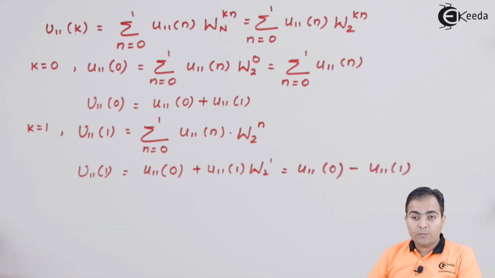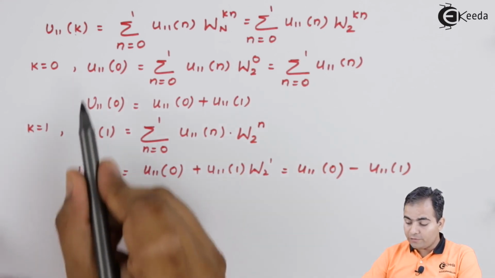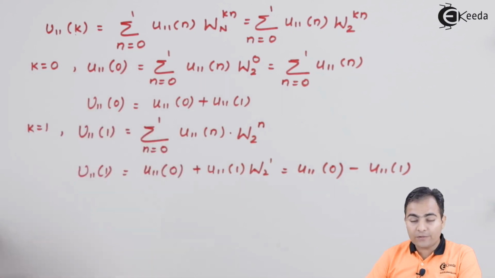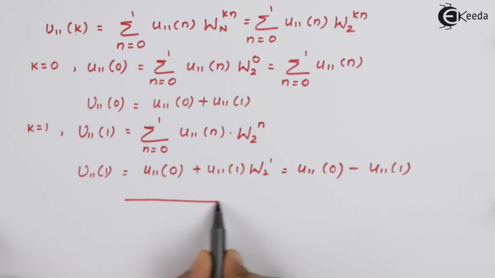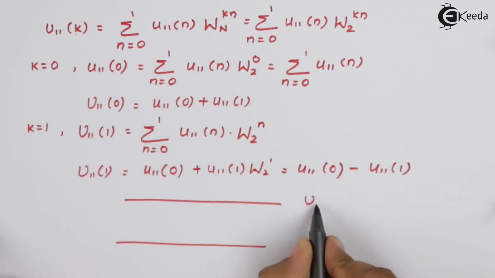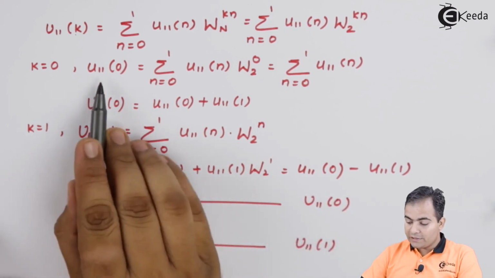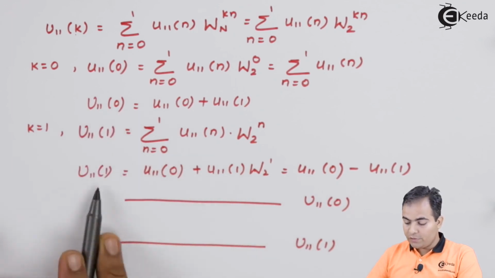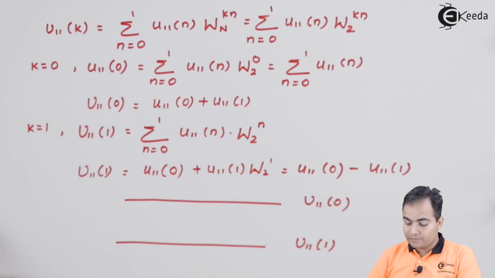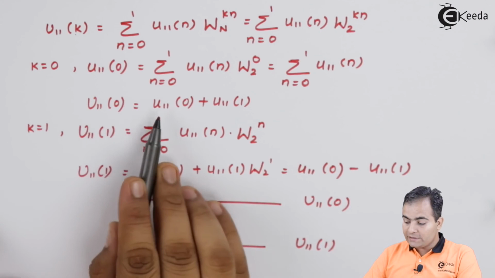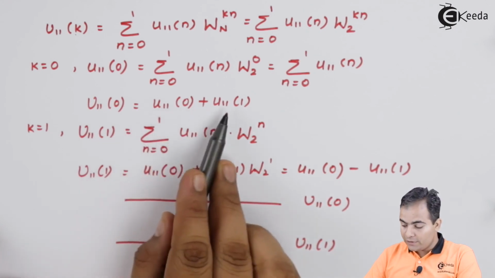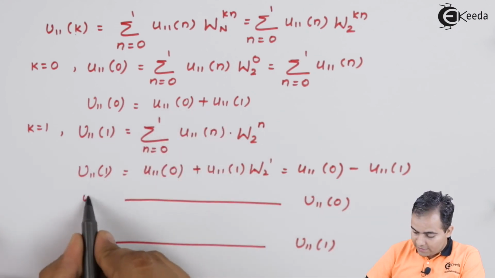So how to draw a butterfly diagram only for the first part, or only for the first 2 points? As I said, you will get the two answers, U11 of 0 and U11 of 1, from U11 of k. And this U11 of 1 answer is obtained from U11 of 0 and U11 of 1.